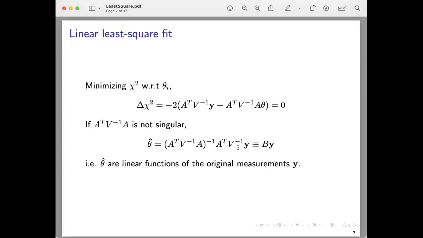Here y means the measured values themselves. That means you can write this as some matrix B times y, so theta hat is simply a linear function of the original measurements y.